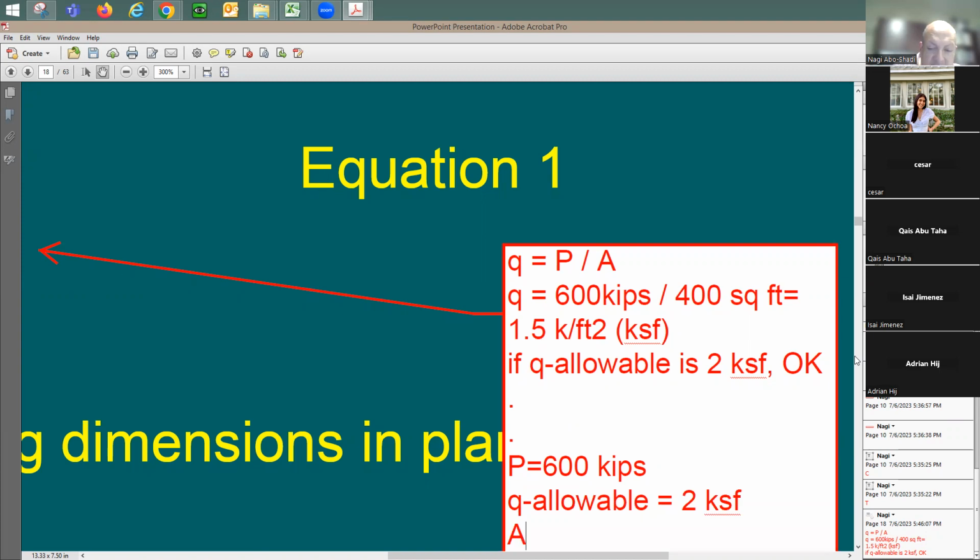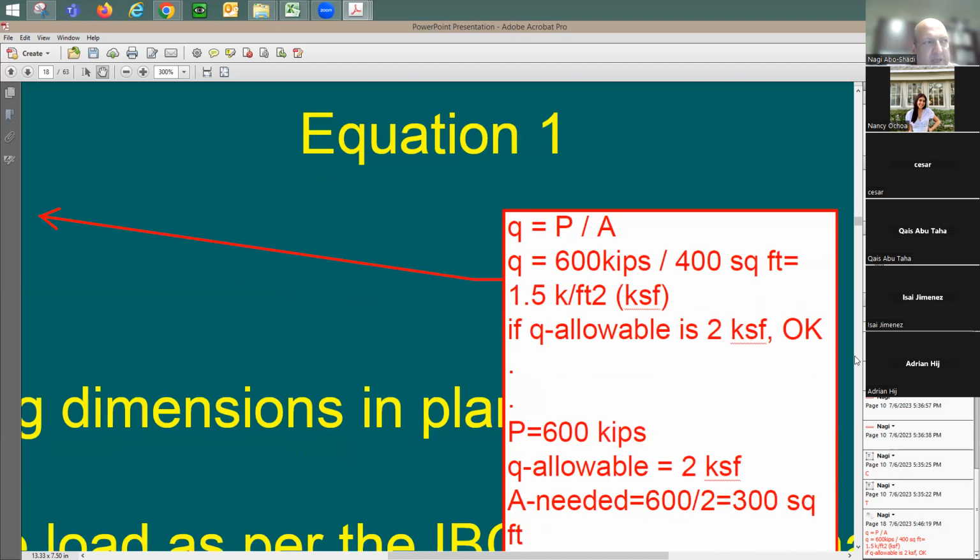The area needed, the contact area, is going to be equal to 600 divided by 2, which is equal to 300 square feet. Are you guys following me?